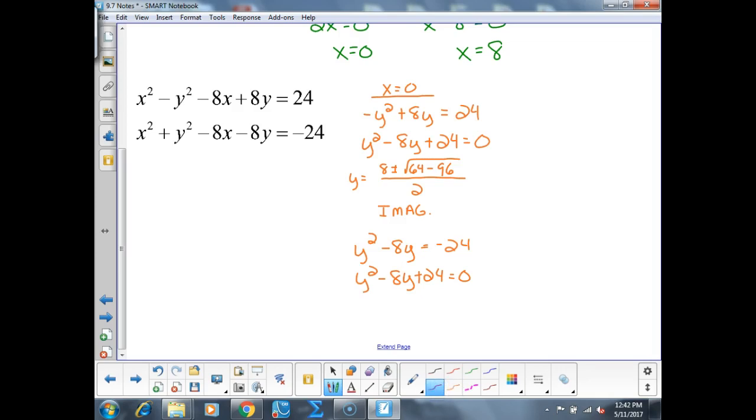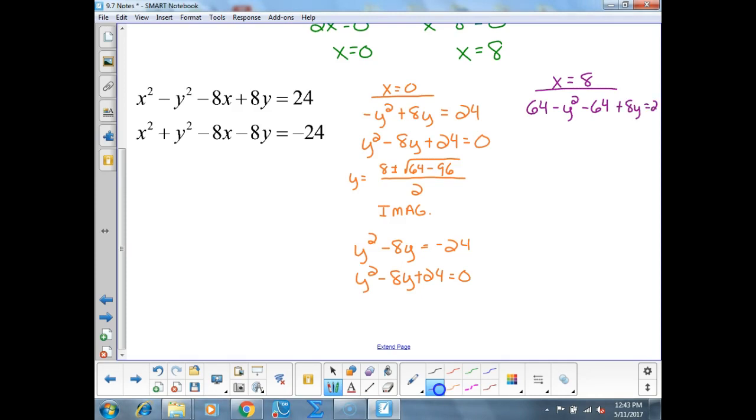So nothing there. Then we got x equals 8. So that's 64 minus y squared minus 64 plus 8y equals 24. Should get the same thing then, right?